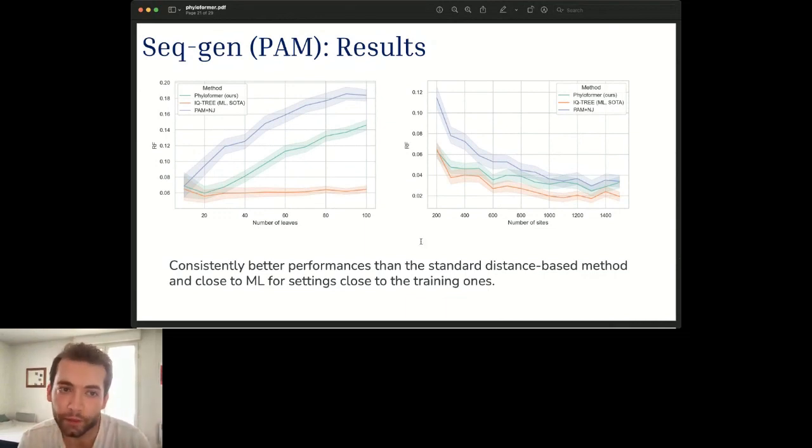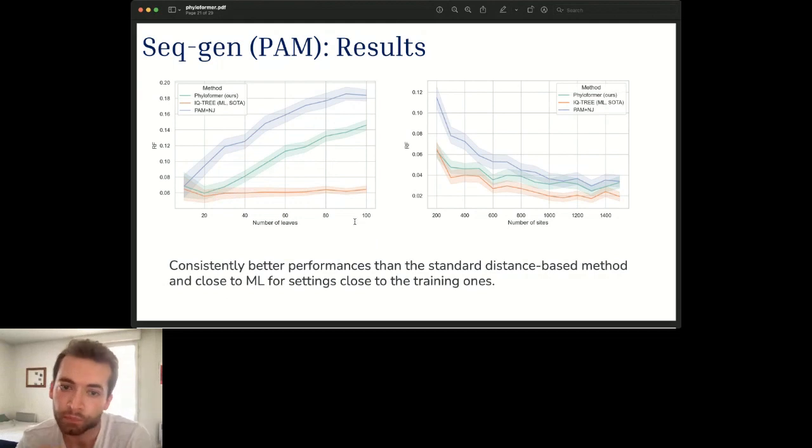We are comparing our method, Phyloformer, against maximum likelihood as implemented in the software IQ-TREE, and against a standard distance-based method, which computes the maximum likelihood estimates of the distances and then uses neighbor joining to reconstruct the tree. And we can see that we get consistently better performances than the standard distance-based method, and performances which are close to maximum likelihood for settings close to the training ones, namely when the number of sequences isn't much greater than 20.